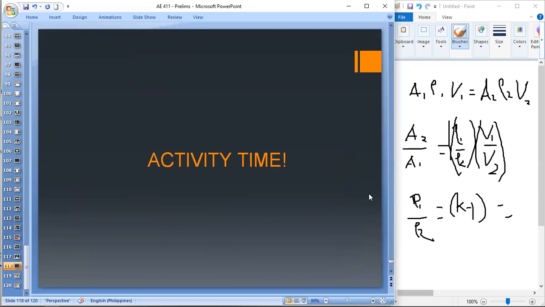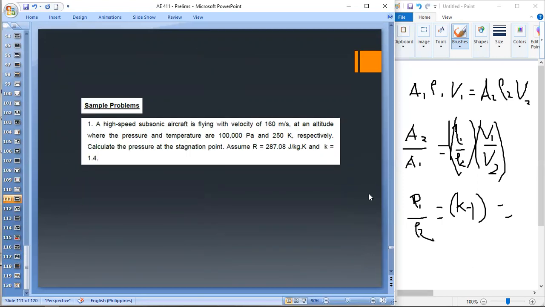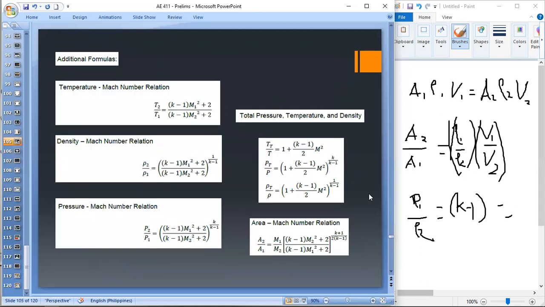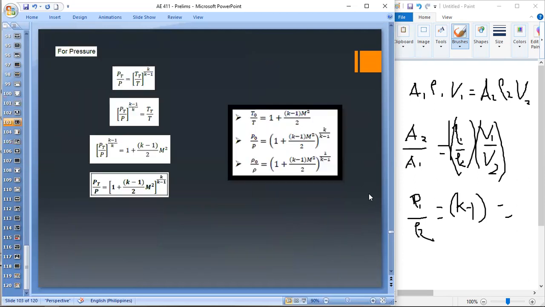Mag-announce na lang ako kung may mga questions. Ay, okay pala, doon hindi pa natatapos, naalala ko. Dito nakuha natin yung density Mach number relations. Doon sa CP, may nagtatanong kung paano na-derive yung CP at paano makuha kapag hinahanap yun.